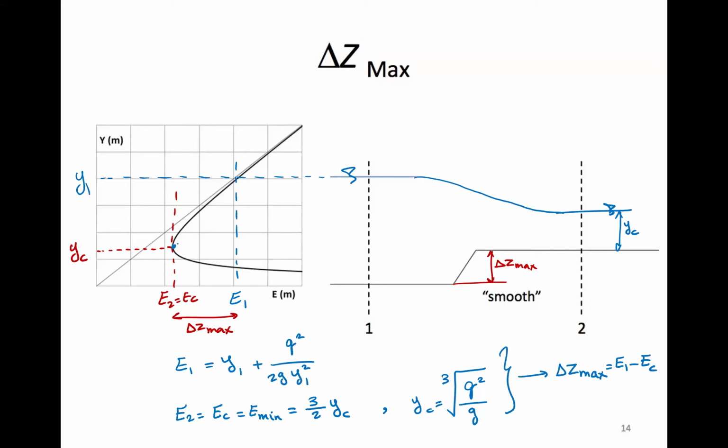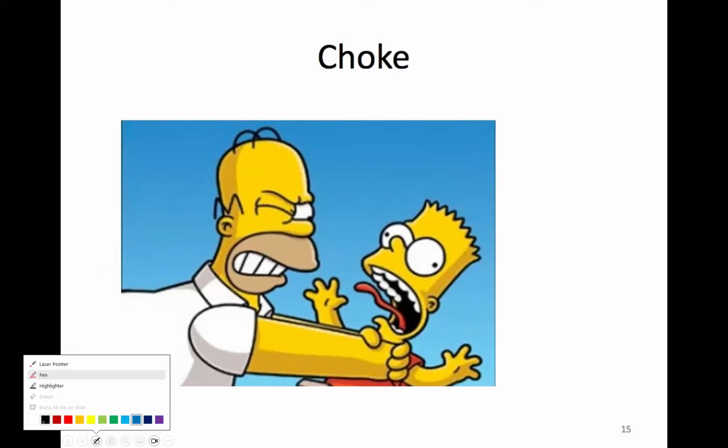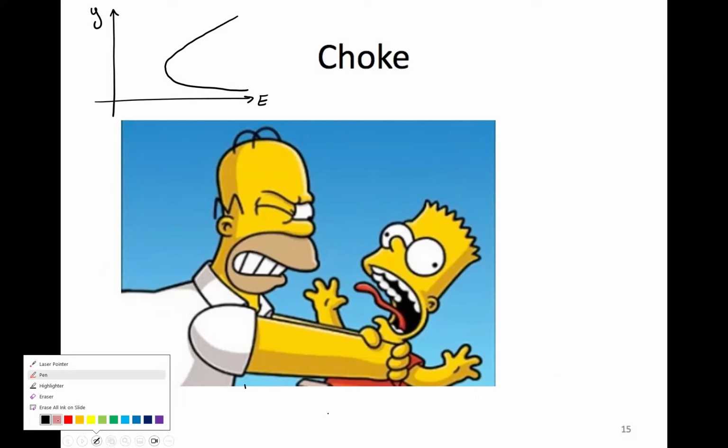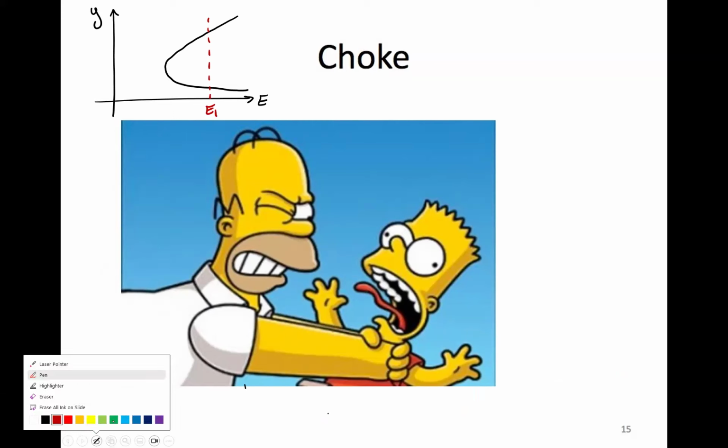Now, I'm going to briefly mention the next topic, and then we're going to stop and continue next time. But somebody might say, okay, what if we put a bigger step than delta Z max? So I'm going to sketch a small EY graph up here. That's EY, and this is what it looks like, let's say. And we started upstream with an E value of this much. And let's say we put in a step, but the step is too big.